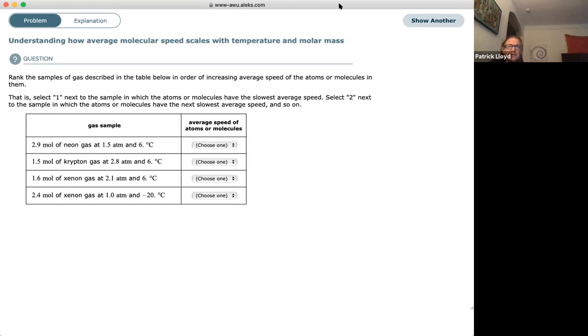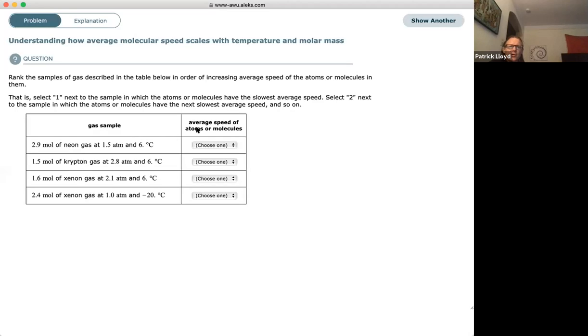Let me show you again. Let's come back to that equation: U average equals the square root of 3RT over molar mass. If you know the temperature and the molar mass, you can just calculate it, get your average speed, and then rank them. That takes a while, but you can do it that way.